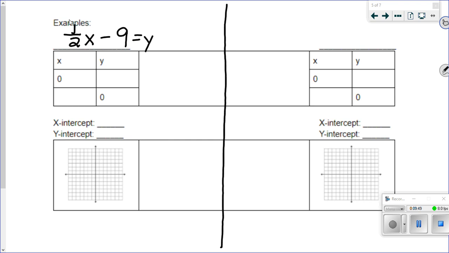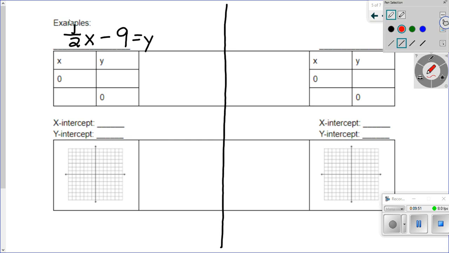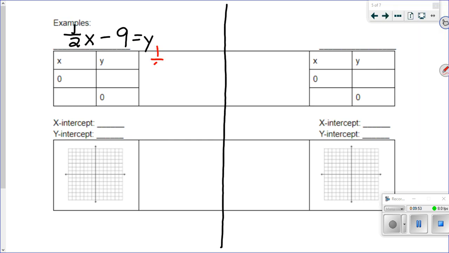So I am going to substitute in 0 for x. So a half times 0 minus 9 equals y. So negative 9 equals y. So 0, comma, negative 9, is my y-intercept.